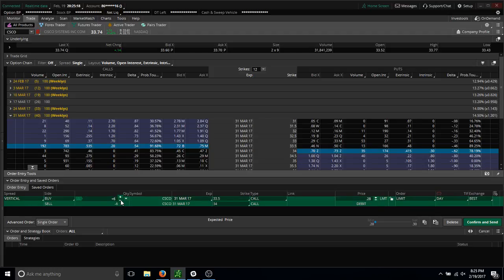Obviously, you can tell I'm still pretty new to this as well. Oh, that's why, because you're saying buy the 34 and then sell the 33. So it'd be a little backwards there. You'd want to buy the 33.5 and then sell, let's say, the 34.5.